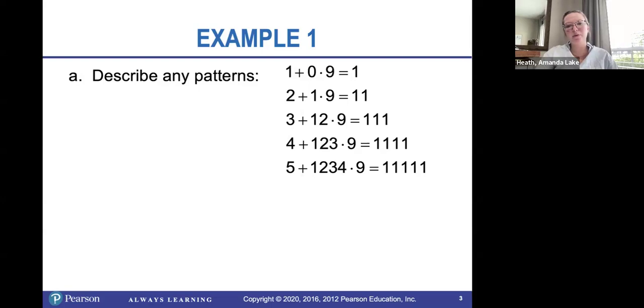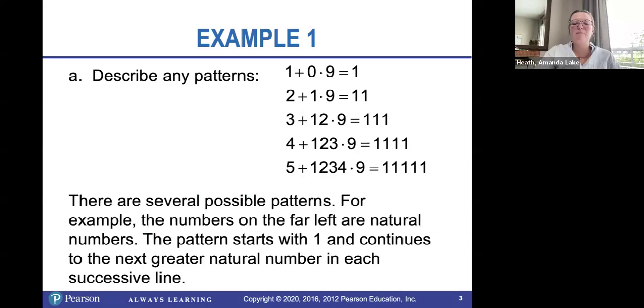All right, so you may have noticed a few different things in these equations. So, for example, the numbers on the far left, these are all natural numbers, and they are starting with a 1 and getting 1 greater every time. So 1, 2, 3, 4, 5 are the numbers that we're starting with in our sum on the left-hand side of the equation.